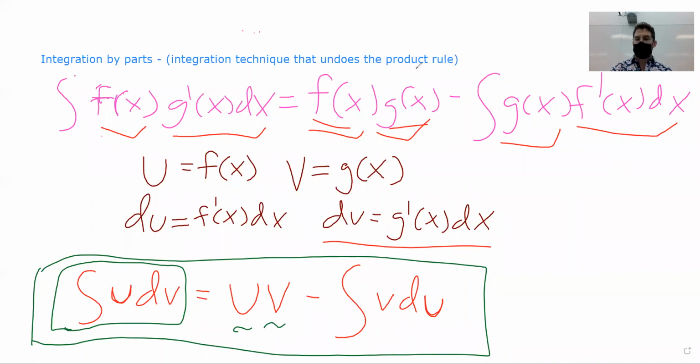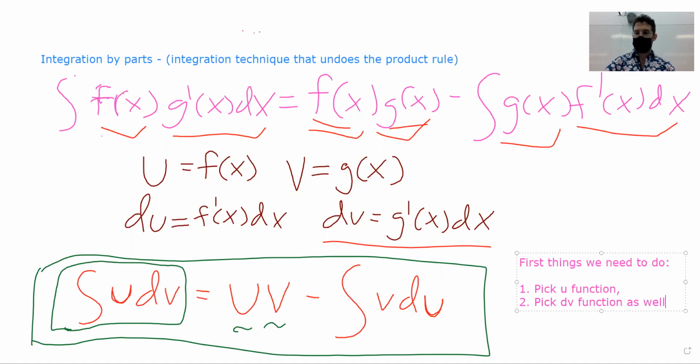So how these always start off is the burden is on us to determine what's going to act as our u function and what's going to be our dv function. So the first things we need to do: pick the u function, and then pick the dv function as well. We'll look at some examples here in a sec, but any questions so far?